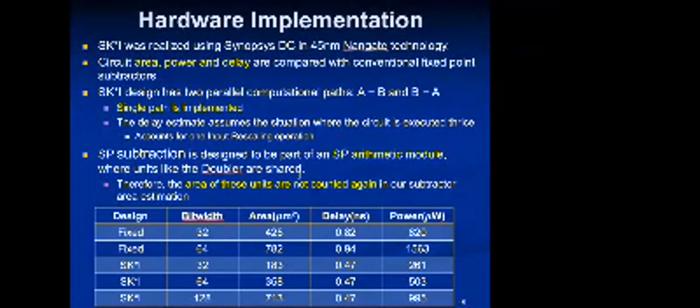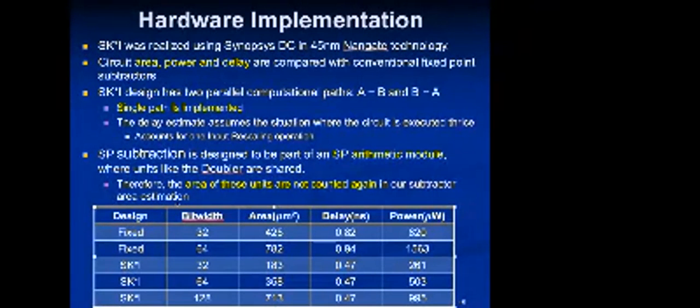In addition, the units like the doublers or the population vector exponent modifiers were not counted as part of the area, because SP subtraction is going to be part of an SP arithmetic module where all these units are shared across adders, multipliers, subtractors, etc. In this table, you can see that the skewed star subtractors are better in terms of area, delay, and power when compared to the fixed point designs.